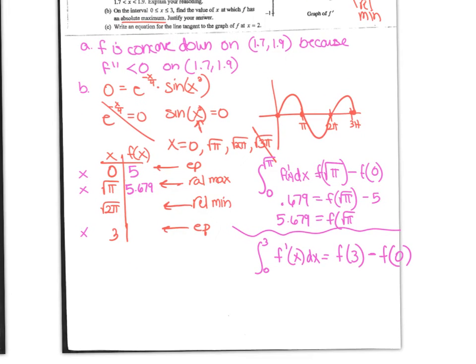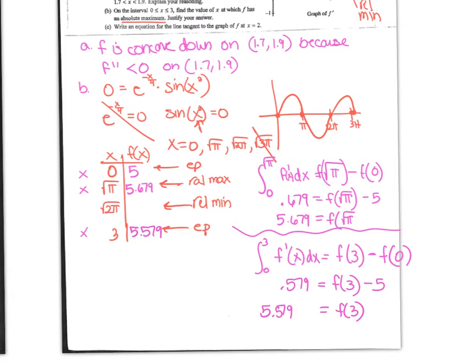So we'll use our calculator to calculate that integral, and that gives us 0.579. That equals f of 3 minus 5. I now add 5 to both sides, and I get my function value at 3. And it's 5.579.